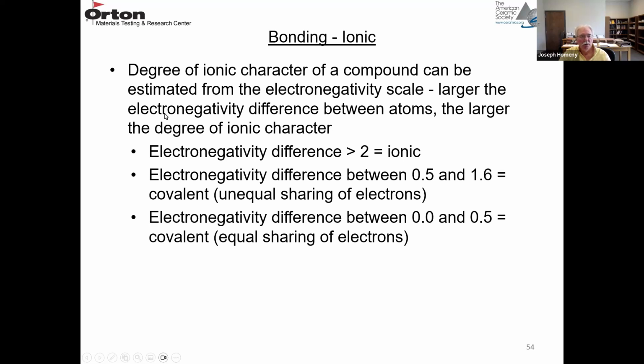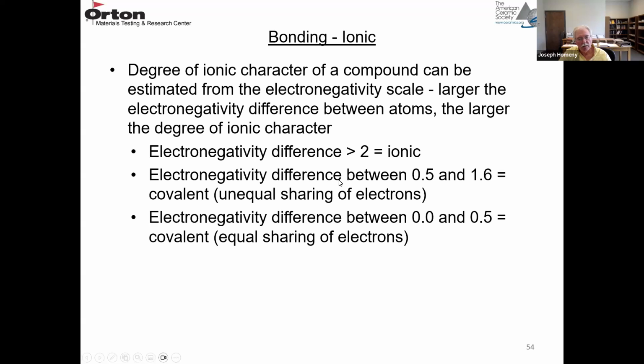So the larger the electronegativity difference between the atoms, the larger the degree of ionic character. So if the electronegativity difference is greater than 2, you pretty much have an ionic compound with plus and minus anions and cations.